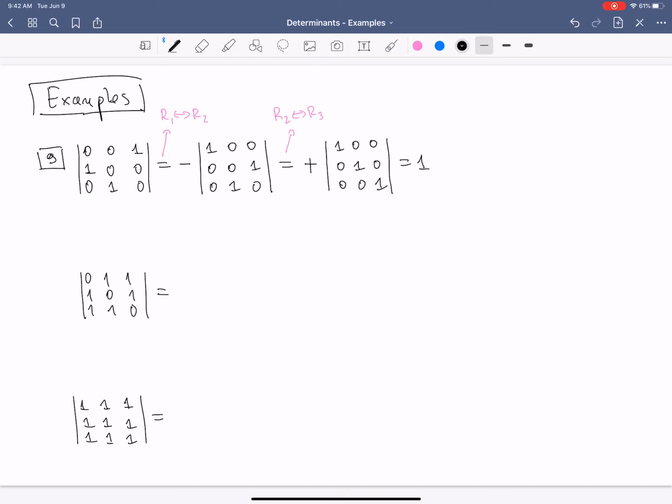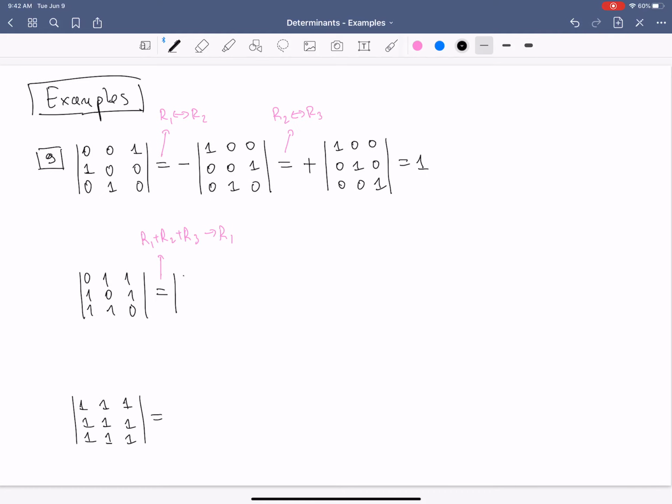So what I'll do is I'll add all those rows to the first. So I will do row 1 plus row 2 plus row 3, all in row 1. I know that this type of operation is not going to change the determinant. So I'm going to do this, and I know I just have equality, and I have 2, 2, 2, 1, 0, 1, 1, 1, 0.